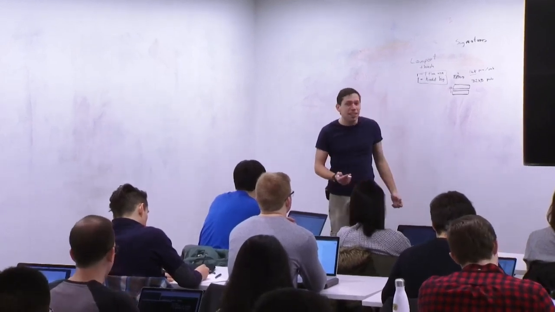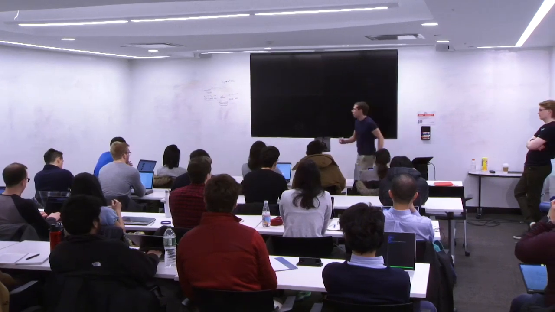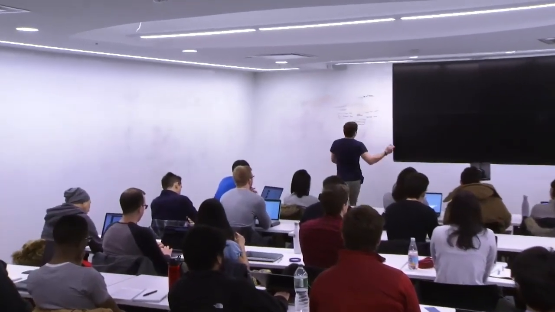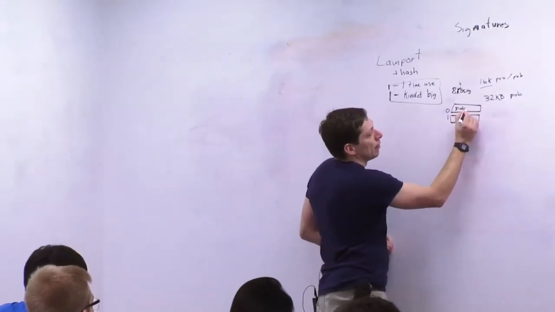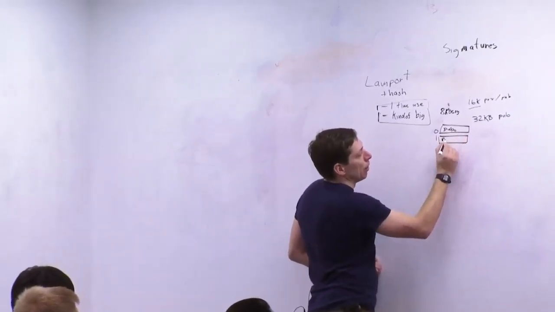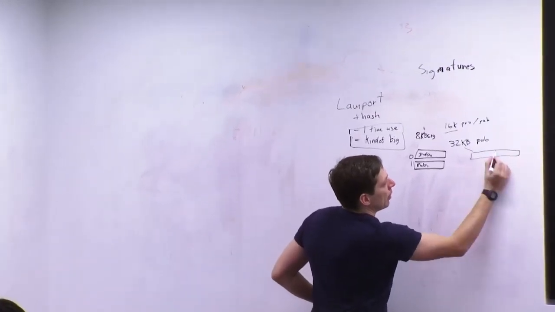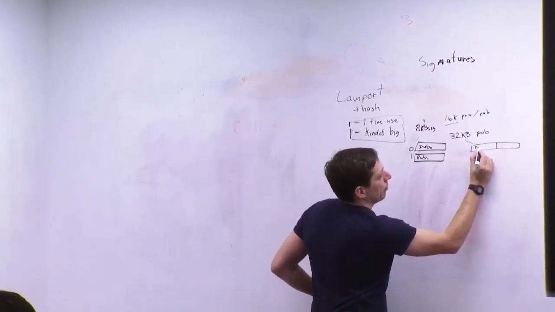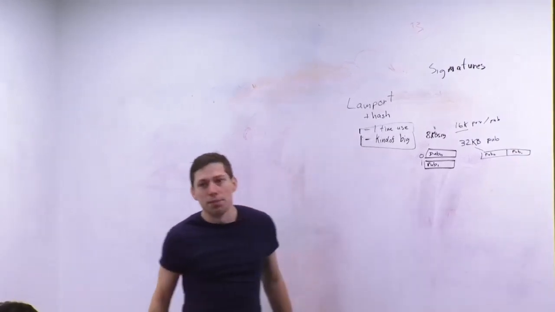Any clever ways to do it more efficiently? Let me give you a hint. Let's say this is pub sub 0 and pub sub 1, and your 32 kilobyte pub key is just them concatenated together, pub 0, pub 1.